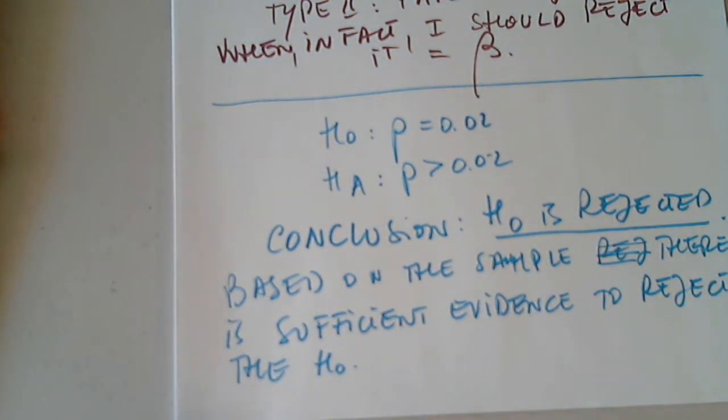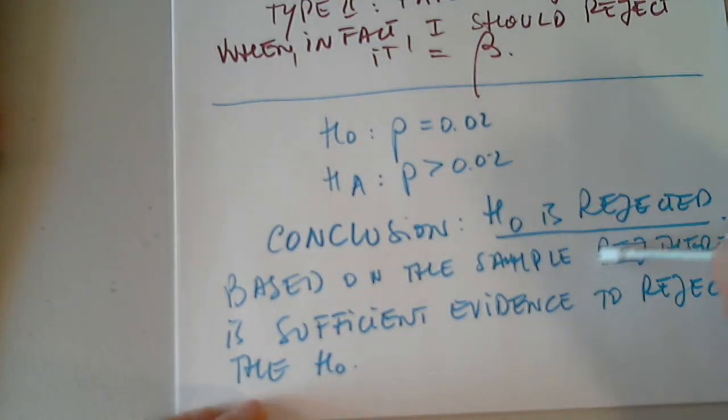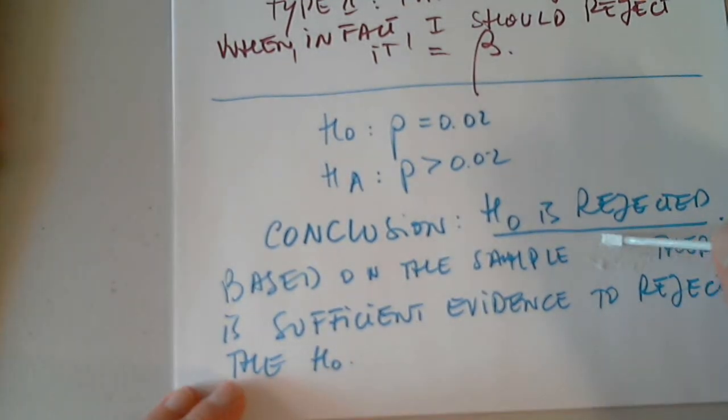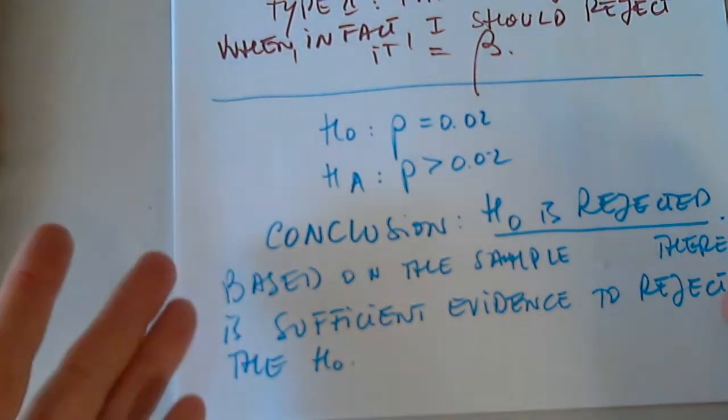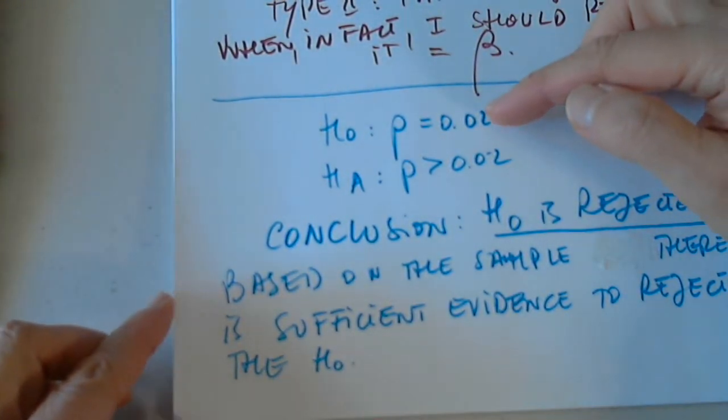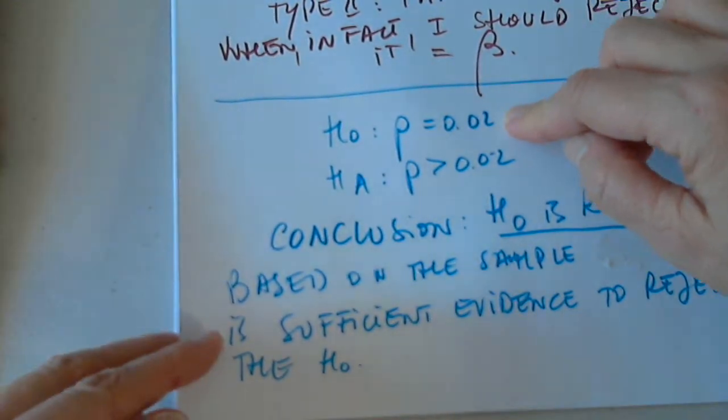But what I can say is that based on the sample, there is sufficient evidence that makes us conclude to reject the null hypothesis. This is the language that we have to put in writing for our conclusion.